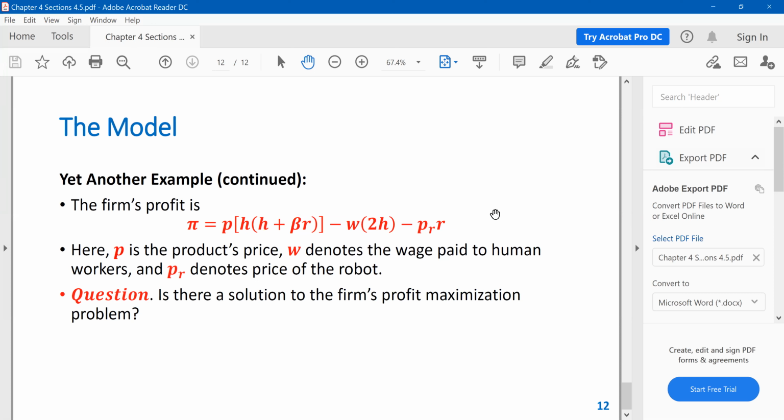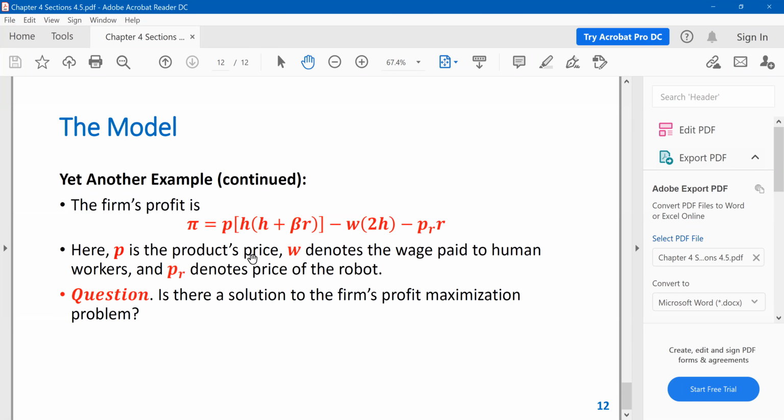So the question is, of course, is there a solution? Now you can try to solve this problem. Of course, you're going to take prices as given, and at different prices, you're going to find different solutions. Maybe there could be a better notation. So make this H1 and H2, because these are two different workers now.